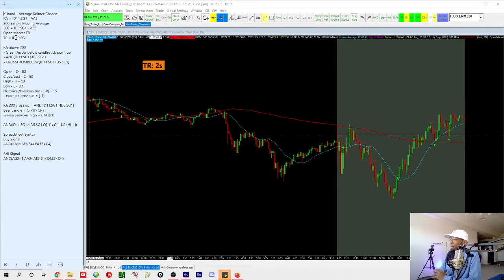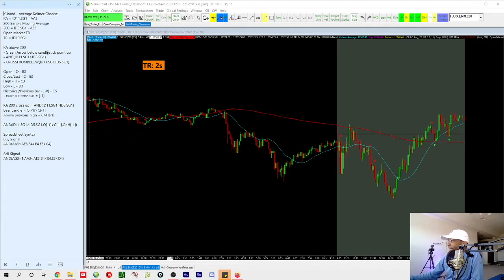All right. So with all that being said, let's go ahead and do a quick little recap of what we are looking at here. So this is our syntax, or this is the language, the words and the syntax that we'll use to create our alert conditions and what we'll do within spreadsheet, right?